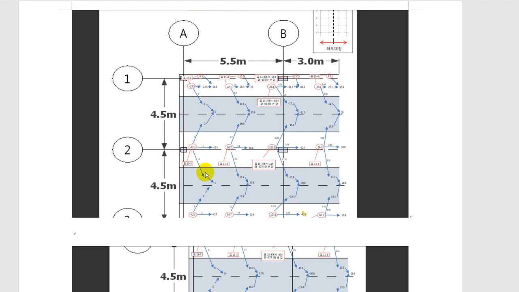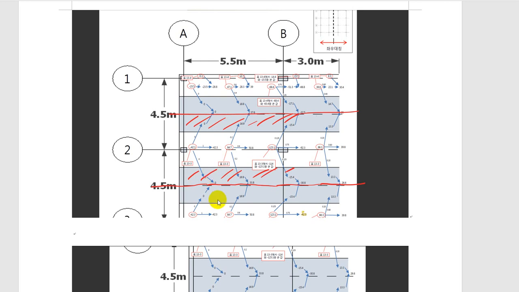This is middle strip. This is middle strip. These two middle strips belong to this column strip. So this belongs to this column strip, and this belongs to this column strip. Now you're clear how you share your column moment? So this column moment is shared by this middle strip and this middle strip.